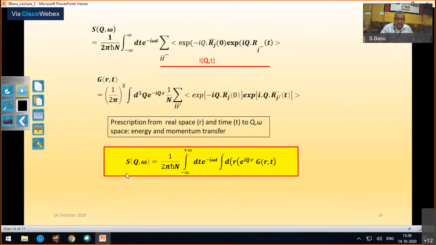So this is the takeaway in this talk, and this is the correlation function. This is the real space correlation function, which gives me the scattering law in q omega space, the space in which my measurements are taking place. When you do a measurement, you prepare a neutron beam of a given wavelength in a certain direction with a certain energy. So it defines your k and lambda.